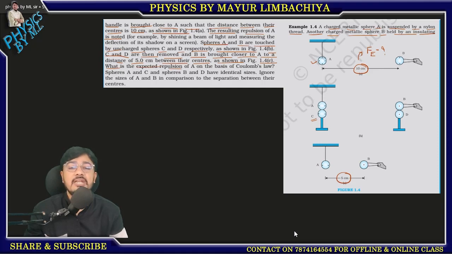What is the expected repulsion of A on the basis of Coulomb's law? So here we have to find out F dash.